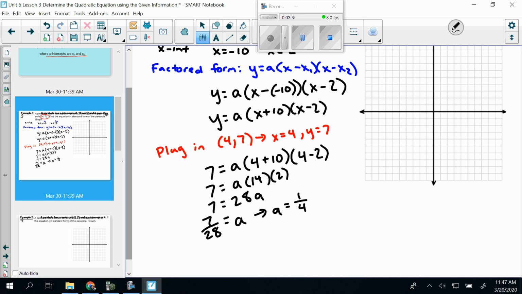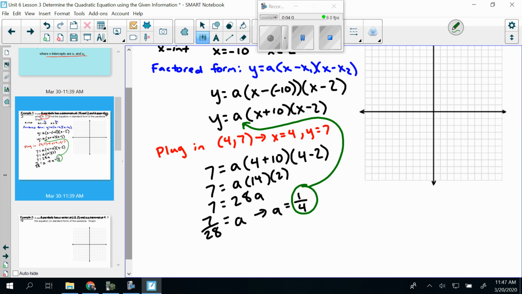So a would be 1/4. So now what you're going to do is write that out and see what that looks like. So we're going to plug that back in now for a and see what our equation is. So we're going to take the fact that we know a equals 1/4, substitute it back in here now, and we can get that equation.